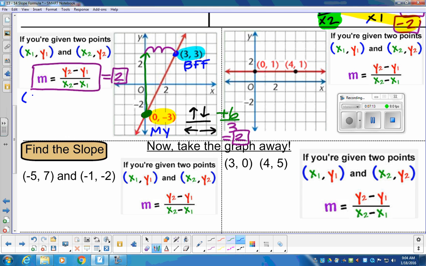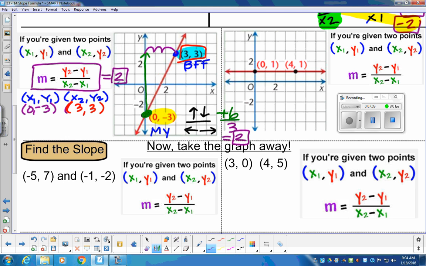So the coordinates would be x1, y1, my hotel room, and x2, y2, my friend's hotel room. My hotel room is located at 0, negative 3, and my best friend's hotel room is located right here at 3, 3. Using our formula then, y2 minus y1 over x2 minus x1.